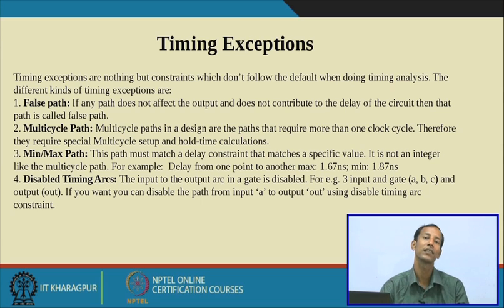That means the path is there, but it does not come into the picture of input to output. Critical paths come in whenever there is an input to output connection. But if a path does not affect the output and does not contribute to the delay of the whole circuit, that delay is calculated from the time taken for the applied input to produce the output.